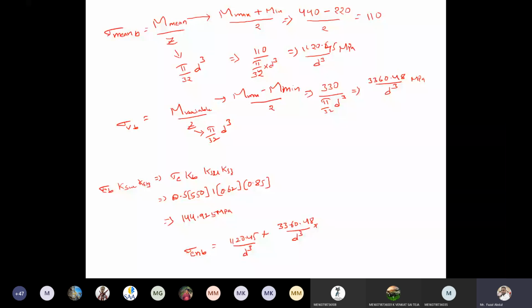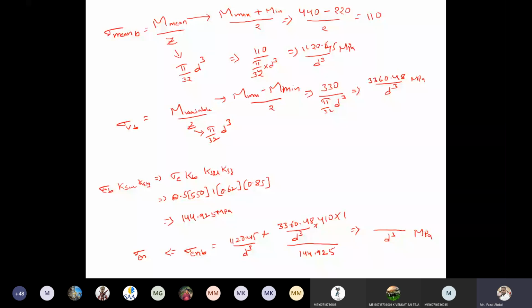Okay, and Kf value is 1 by 144.925. To simplify this equation, you will get the answer in terms of d cube megapascal. Whatever the value calculated, that is equal to net effective normal stress or equivalent normal stress.